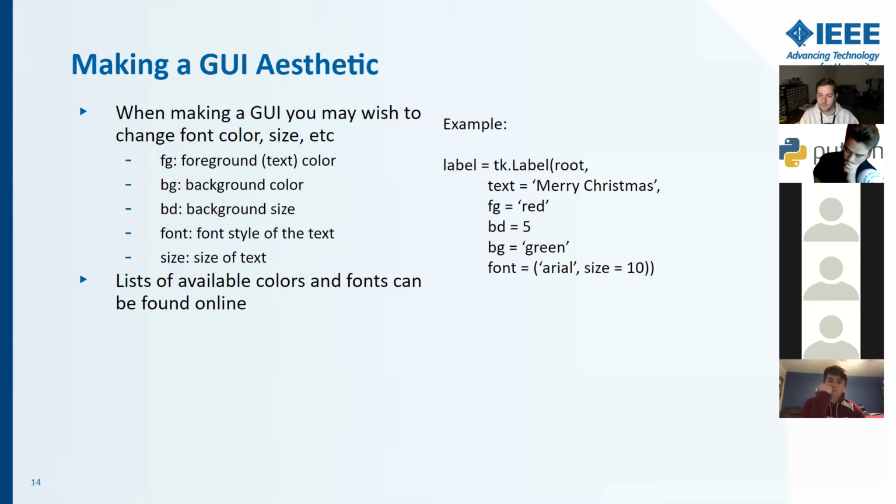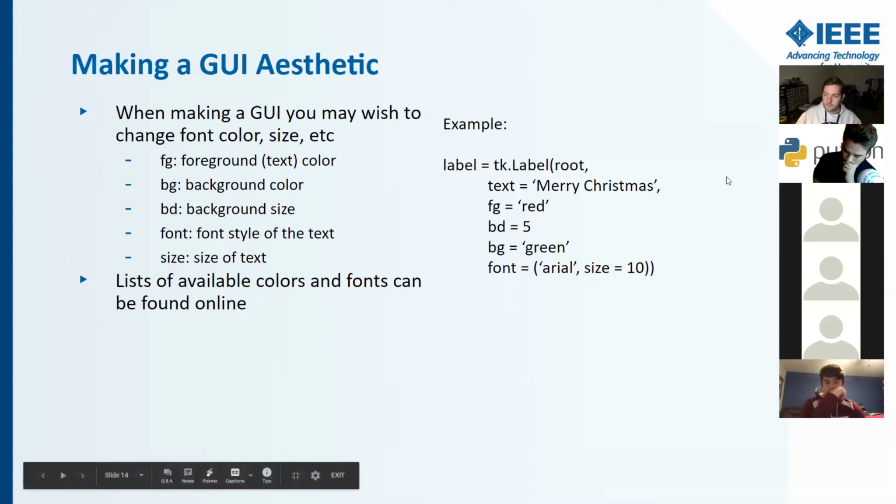And then BG is the background color, think of that as sort of like a highlight behind the text. And then we want the font to be Arial, and we want the size of that font to be size 10. Again, there are a ton of fonts and colors online that you can find.